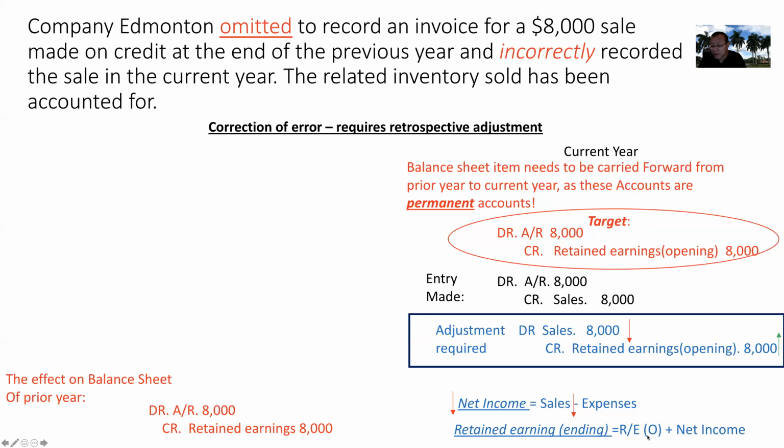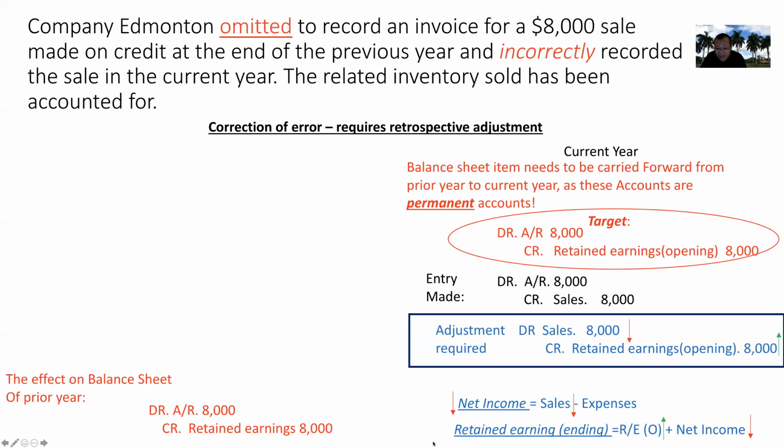The retained earnings opening balance has increased by 8,000. The net income has been reduced by 8,000. So this item goes up by 8,000, this item goes down by 8,000. The total does not change, right?